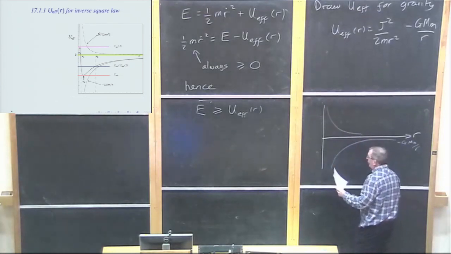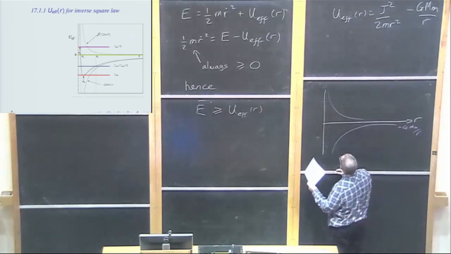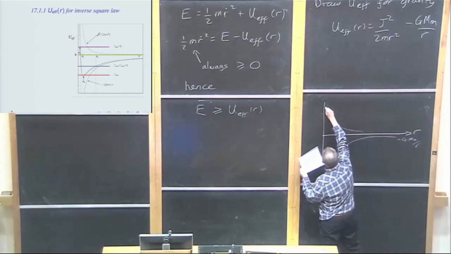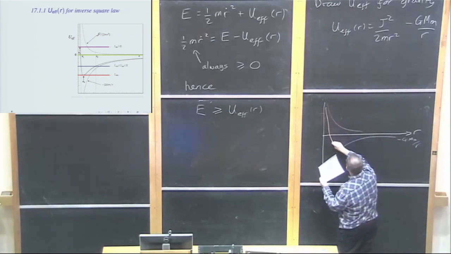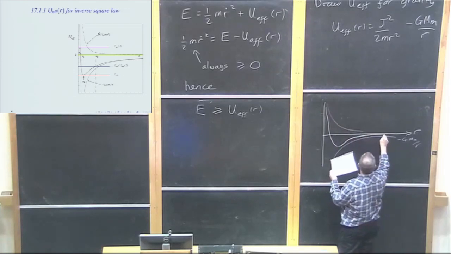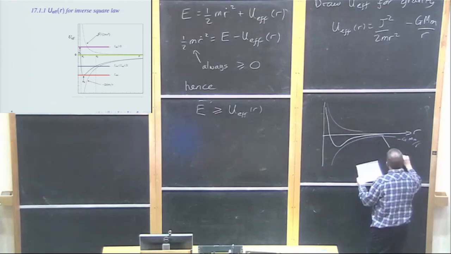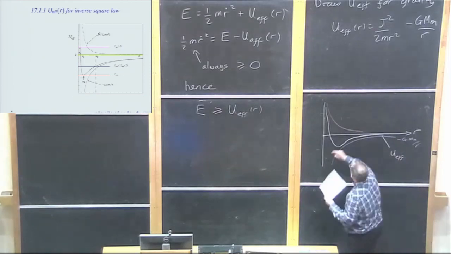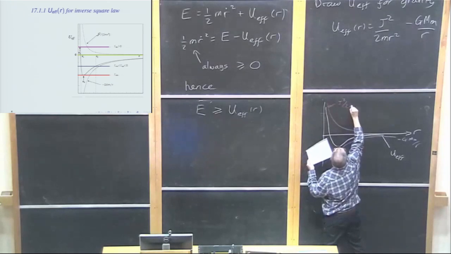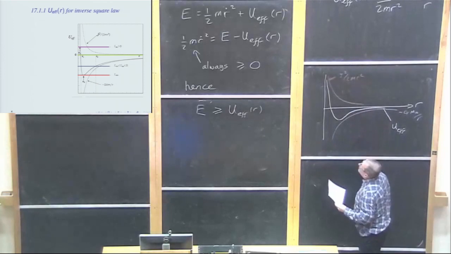And then if we superimpose these together, we're going to get something which comes down, comes below 0, finds a minimum and then goes up. So this is U effective, and this is the J squared over 2mr squared. Okay, so that's what we have sketched here.